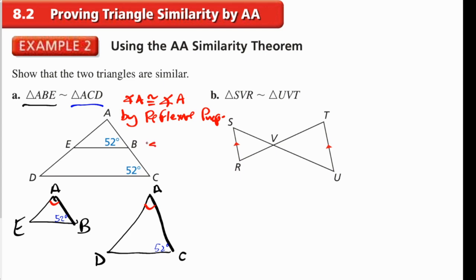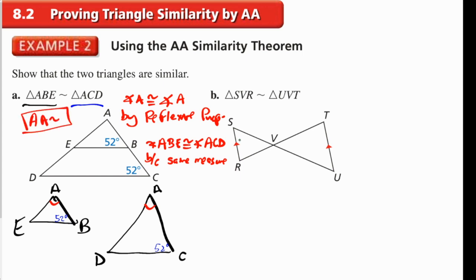And we know that angle ABE is congruent to angle ACD because they have the same measure. So yes, these two triangles are similar by the AA Similarity Theorem.